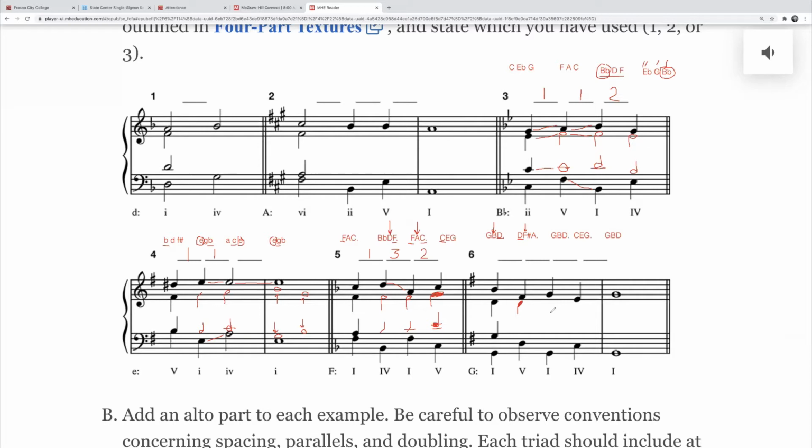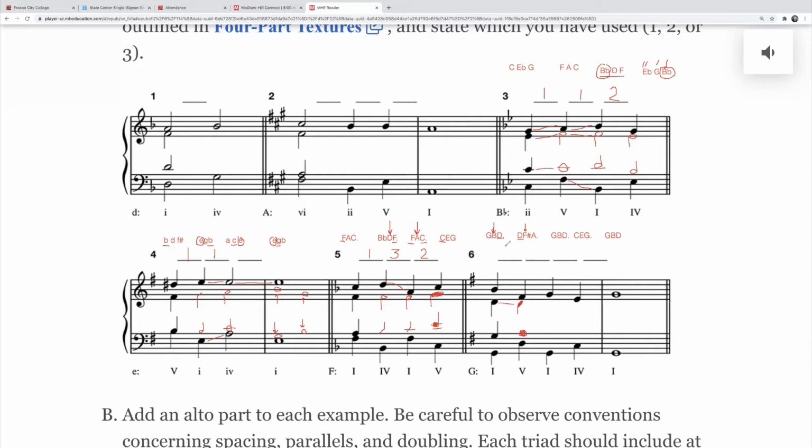That's true. They really want us to use 3. And that goes to A. We have our common tone, our tertian leap, and our stepwise motion. Good.